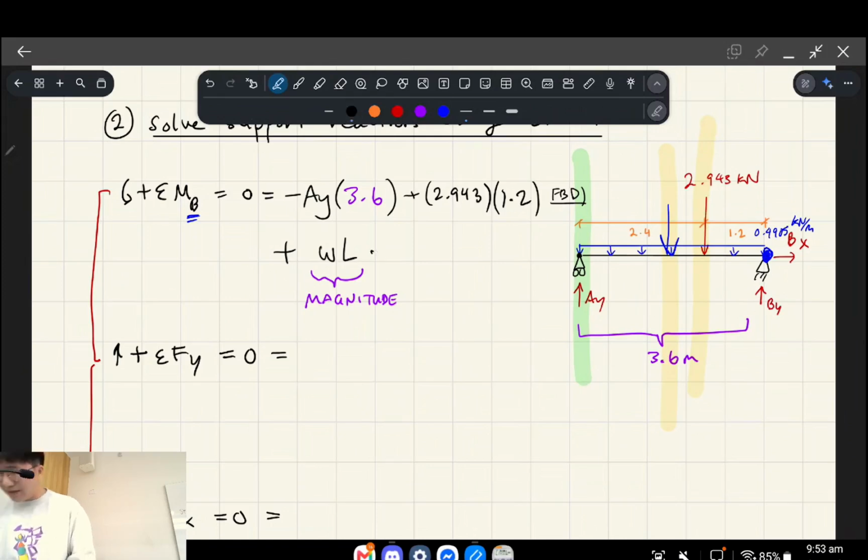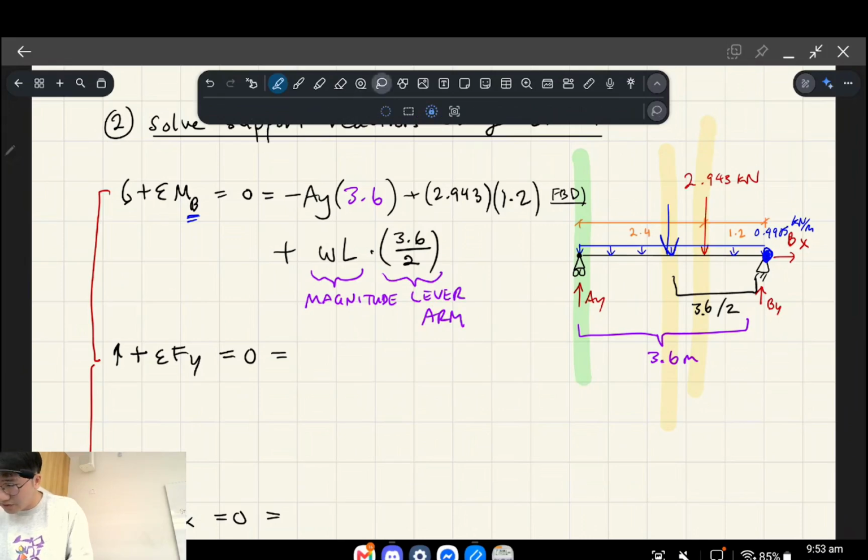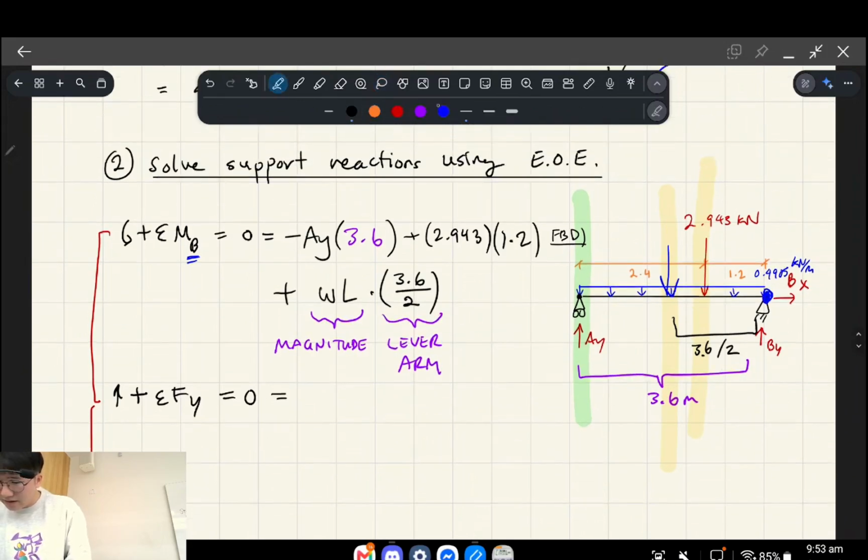And we're going to multiply that by the lever arm, which is how far away it is from B, which is going to be 3.6 meters divided by 2. Right? So that gives us the lever arm. Okay, and we know what this is, we know what this is.